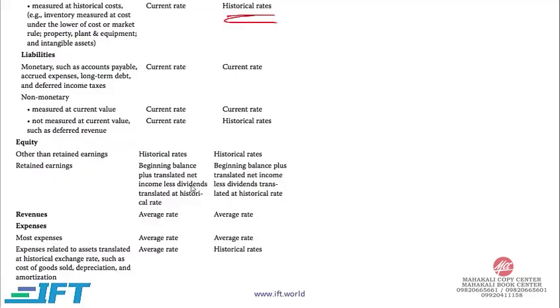Note that with revenue and expenses, both methods use the average rate. However, under expenses, if we have non-monetary assets such as inventory, and when inventory is sold, the relevant expense is the cost of goods sold, then we use the historical rate.